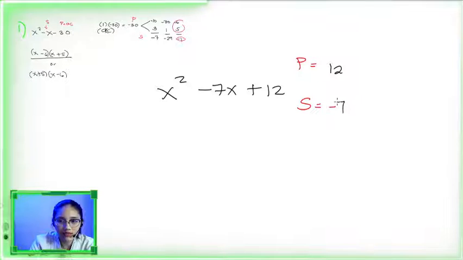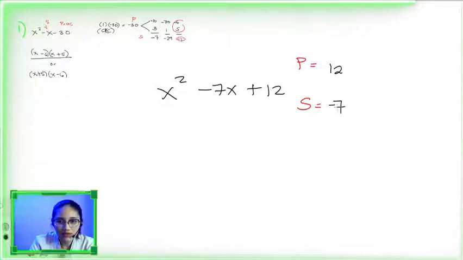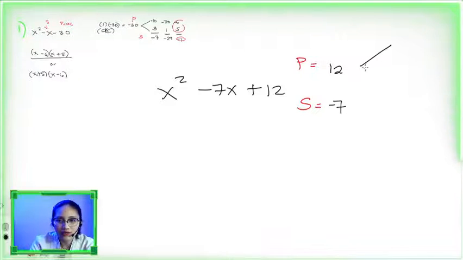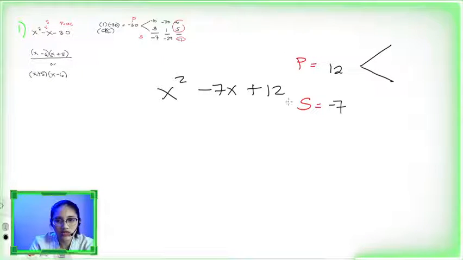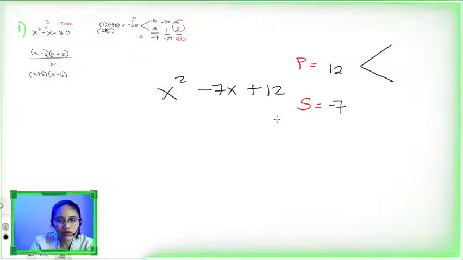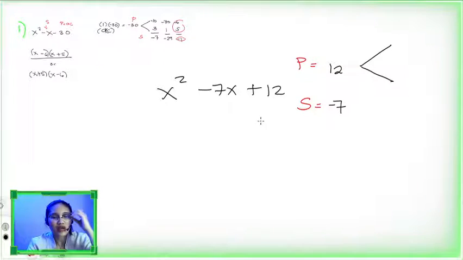So yan mamaya, dapat yan makita natin siya. Negative 7. Okay, so let's check what are the factors of 12 whose sum is negative 7. Ito sa scratch na lang ito ginagawa itong portion na to. Ilalaan na lang natin yung full space dito sa final answer.